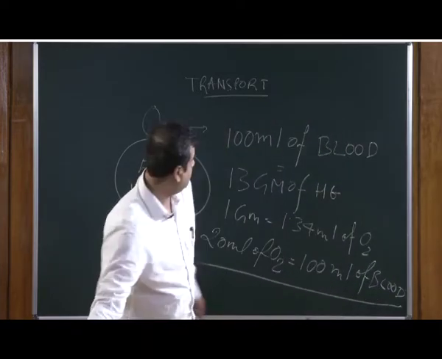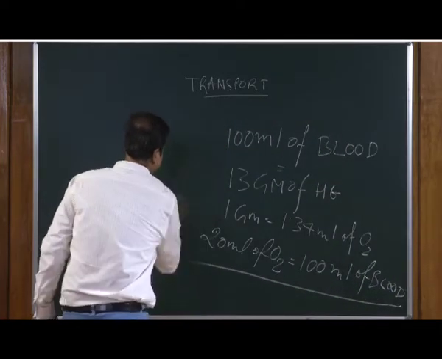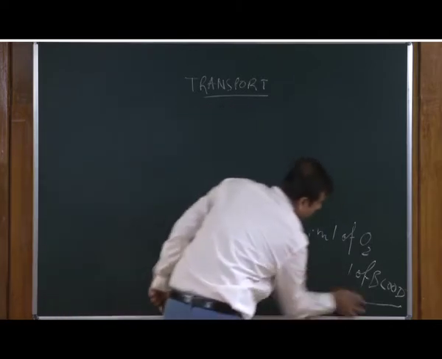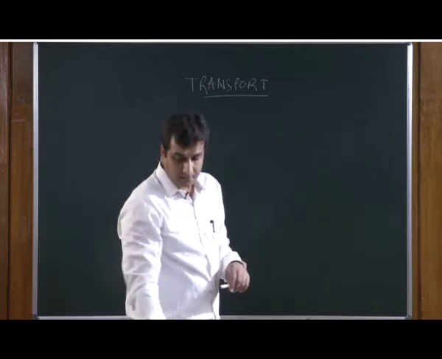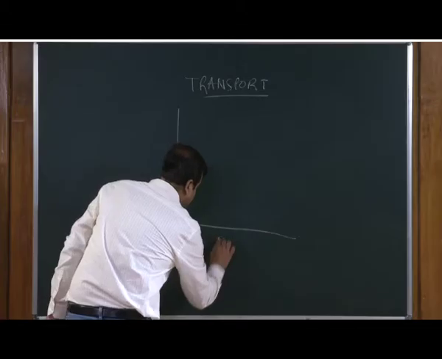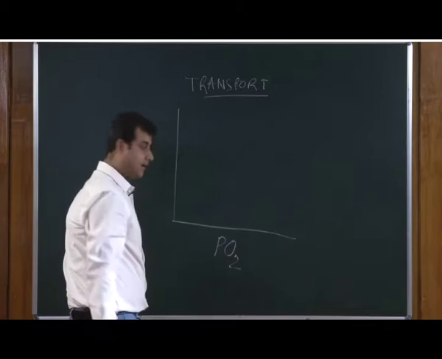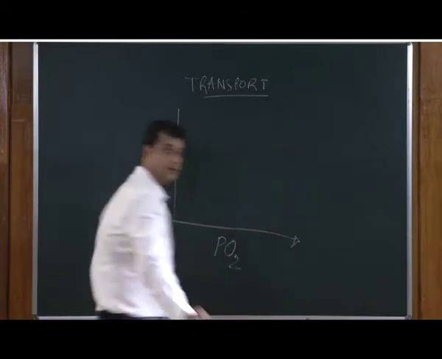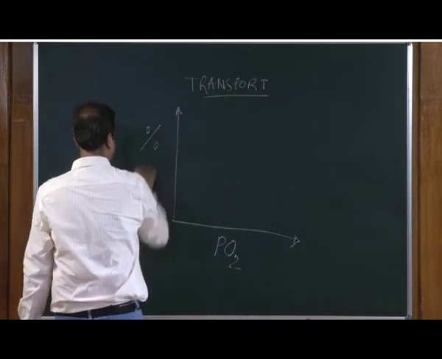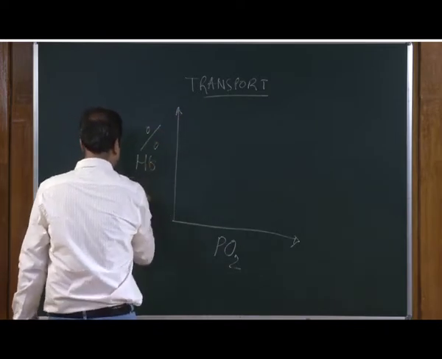Now, hemoglobin dissociation, or hemoglobin binding with oxygen, is a very important parameter. As depicted in this slide, we have partial pressure of oxygen on the x axis, and on the y axis we have percent hemoglobin saturation.